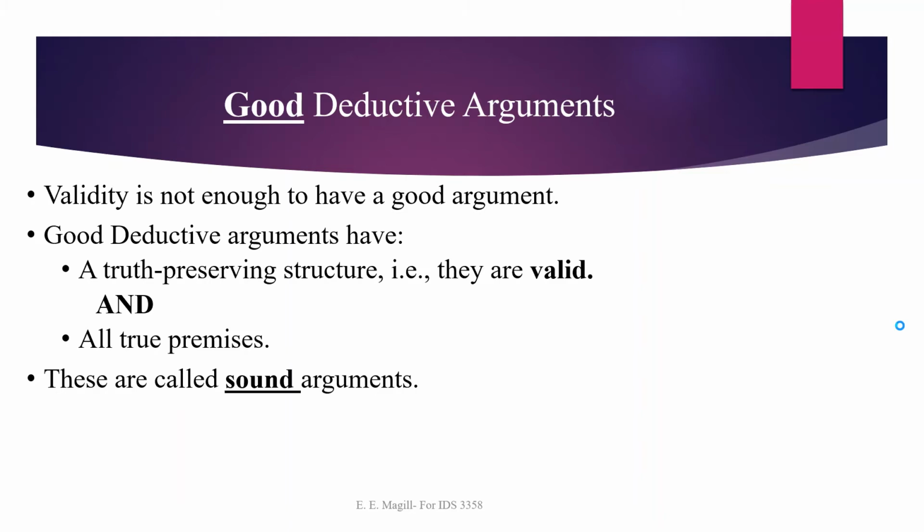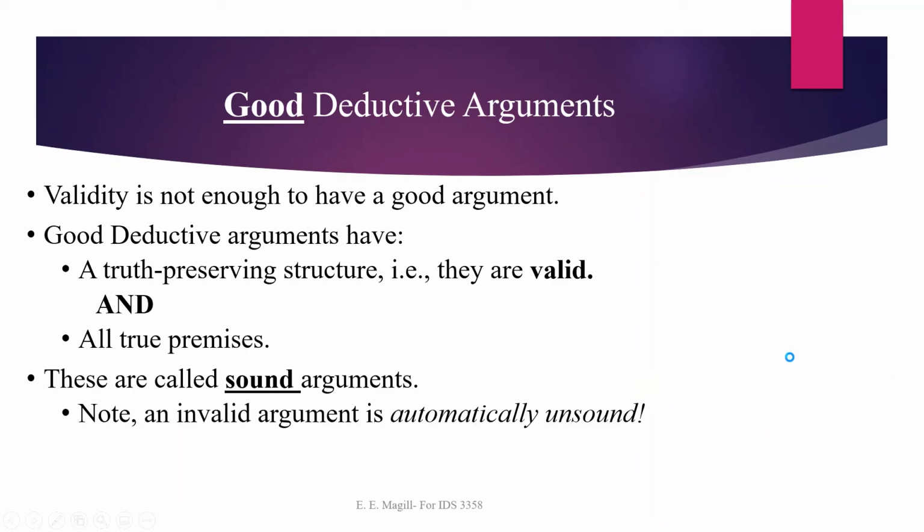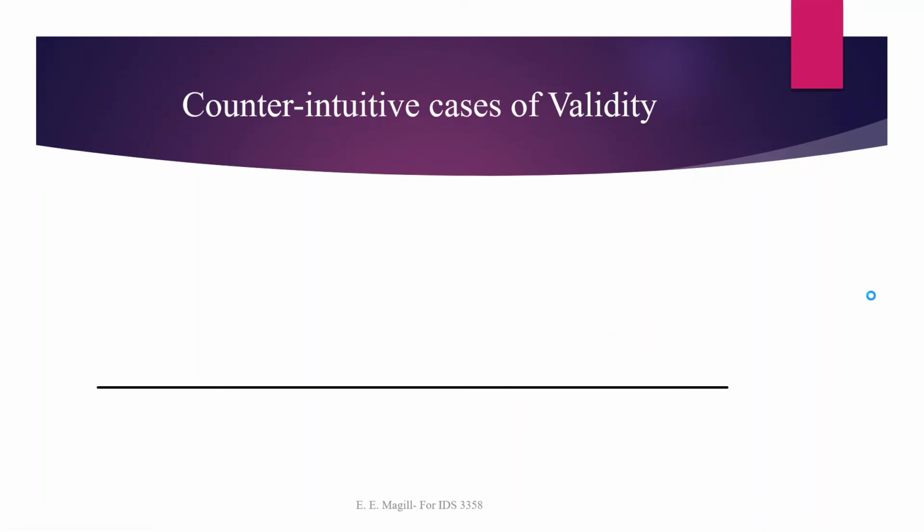Note that an invalid argument is automatically unsound, regardless of whether or not that argument has true premises. So the cupcake argument from the last slide is also invalid, and because it's invalid, it's unsound. So next we're going to talk about some weird, counterintuitive answers that we get from this technical definition of validity.